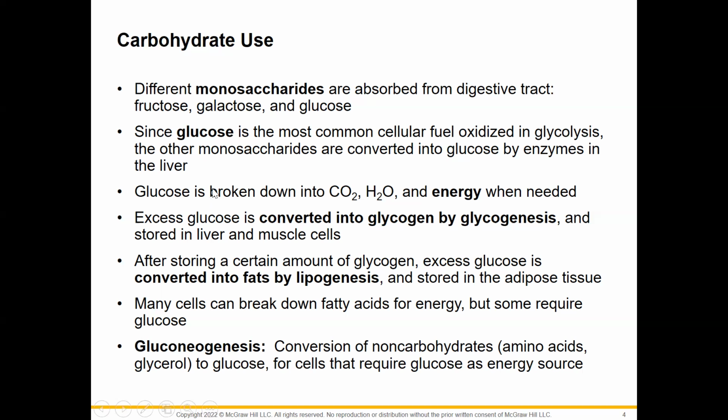There's several steps that go into this. It's not one immediate thing, but do know it starts off at glucose, and then it goes through several different cycles, glycolysis, Krebs cycle, etc. And eventually it gets broken down into the energy you need, the ATP, and the byproducts are carbon dioxide and water.